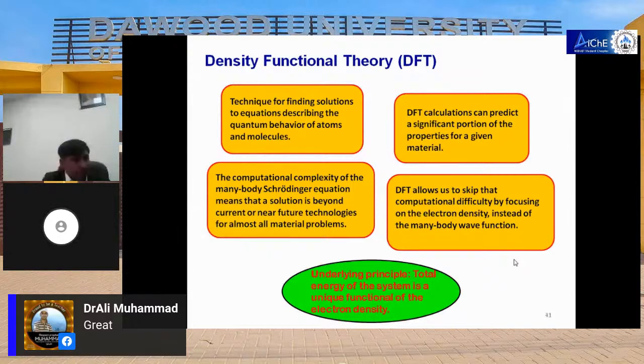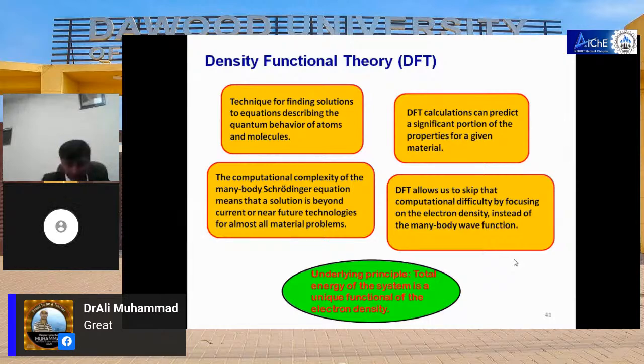So the underlying principle of density functional theory is that we use the electron density of the material to find material properties. This figure shows that there are many interacting electrons, but we replace those interacting electrons with the electron density, and we can get the same information in a very quick way using density functional theory.